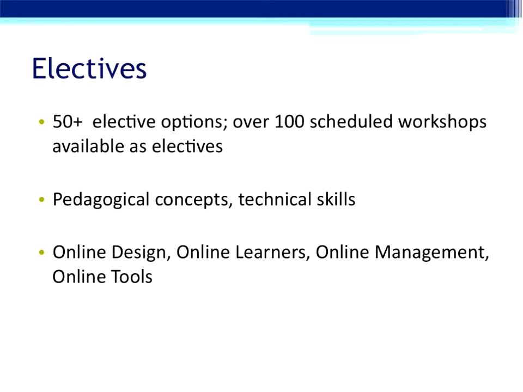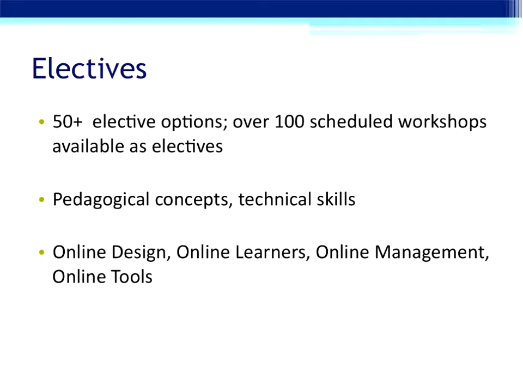All right, so after your foundation course, you have those 3 electives that you take to complete your requirements for the certificate program. Now, we have, I think it's 52 elective options on our schedule. 52 different workshops that you can choose from, covering a wide variety of topics and skills.